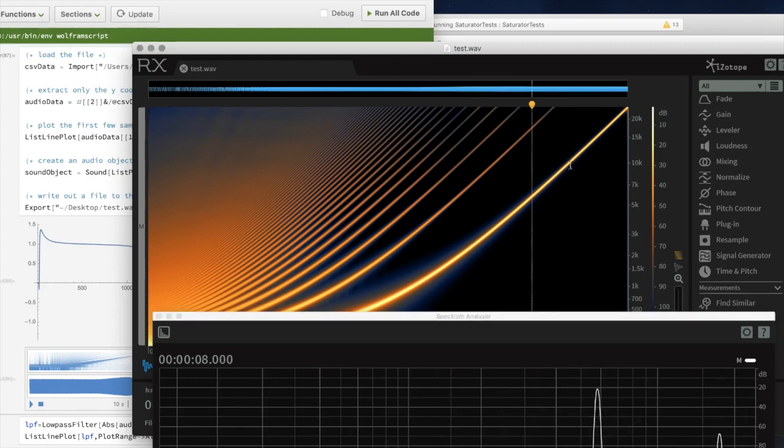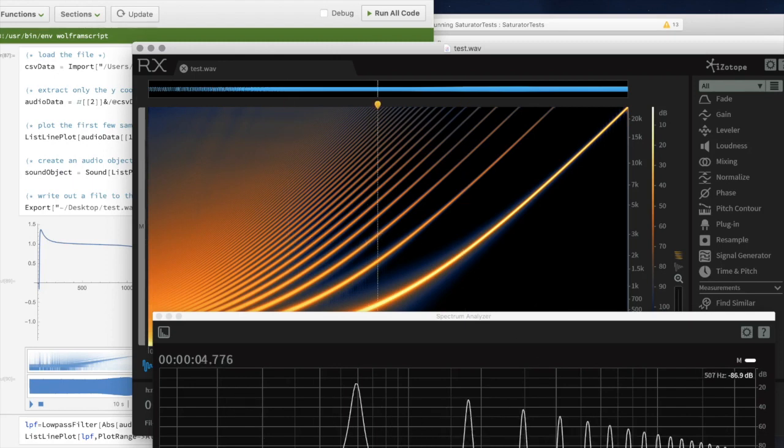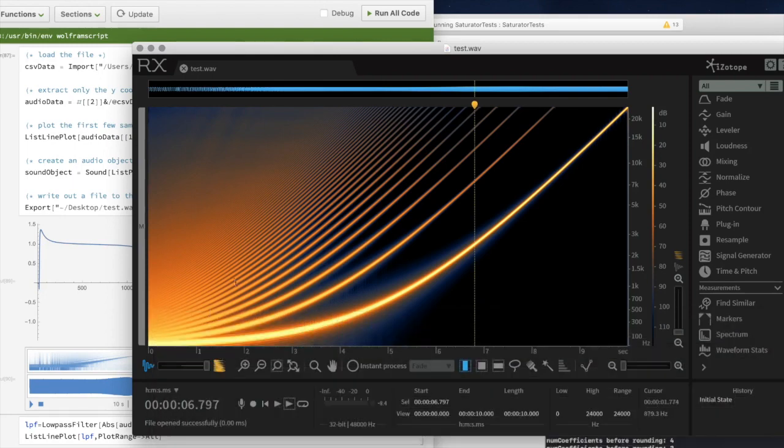So you can see as we click around, this noise on the side here, that is definitely coming from the spectrum analyzer and not from the tone itself. As we click around here, we can see this is doing all the distortion harmonics that an analog hardware is supposed to do, and none of the aliasing noise that we didn't want.